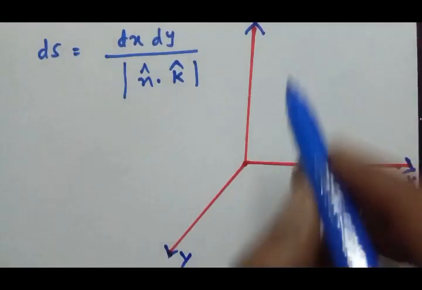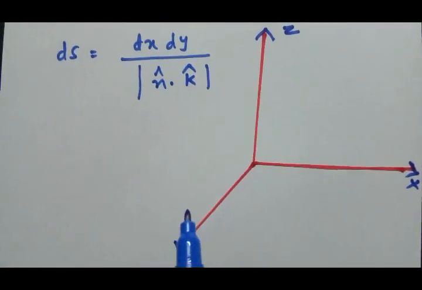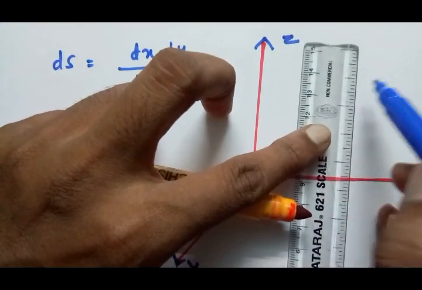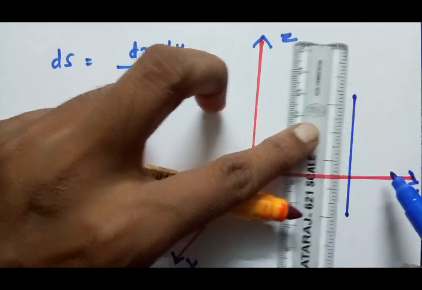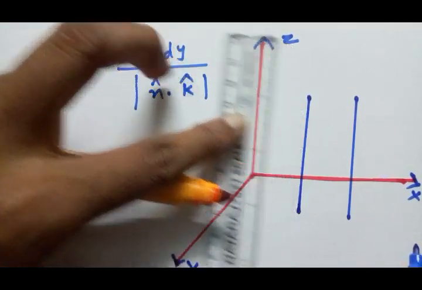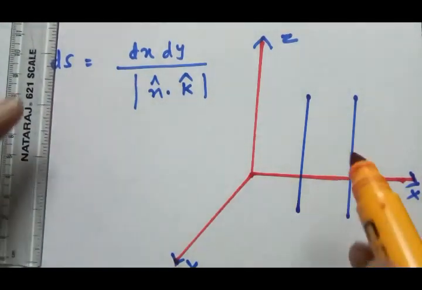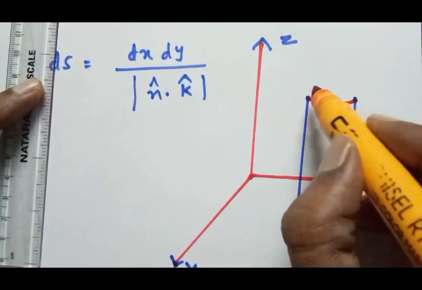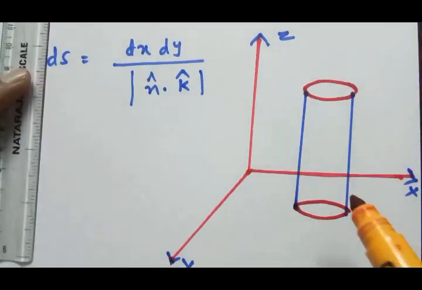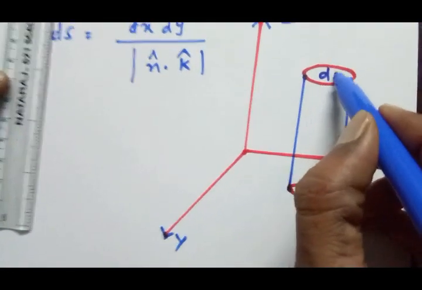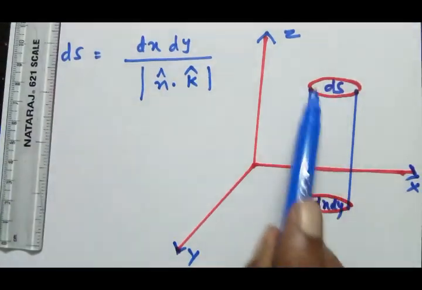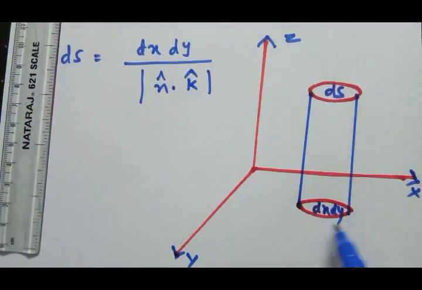This is x, this is y, this is z. Now we are considering the projection of S, the elementary surface ds, dx dy.